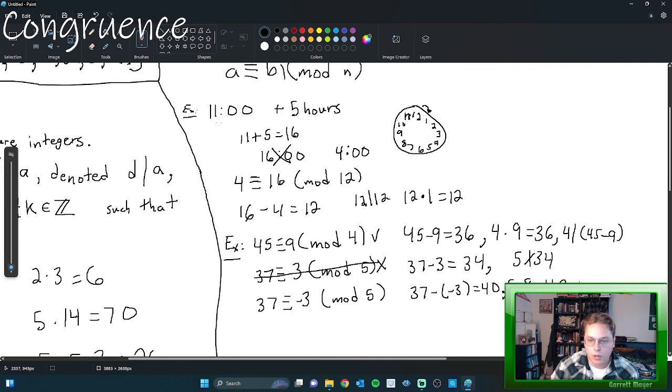So 5 divides 37 minus negative 3. So in this case, the negation of 3, so negative 3, is actually congruent to 37 modulo 5. So one thing to note here is that just because the positive version is congruent to a number does not mean the negative version is. Negative and positive number equivalents aren't always congruent to each other in the modulo world.